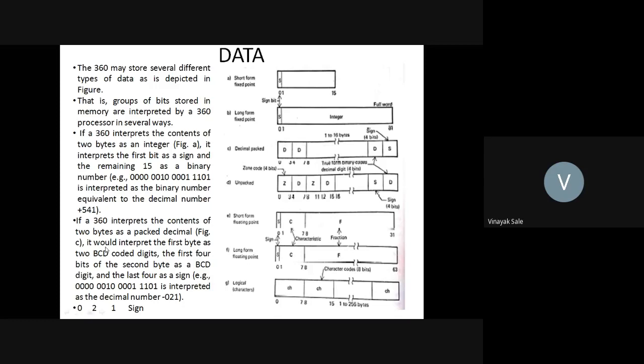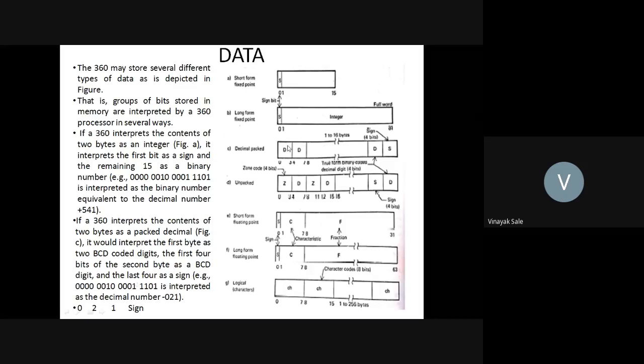So it would interpret the first byte as two BCD coded digits, that is binary coded decimal digits. Then the first 4 bits of the second byte as a BCD digit, and the last 4 bits for a sign.